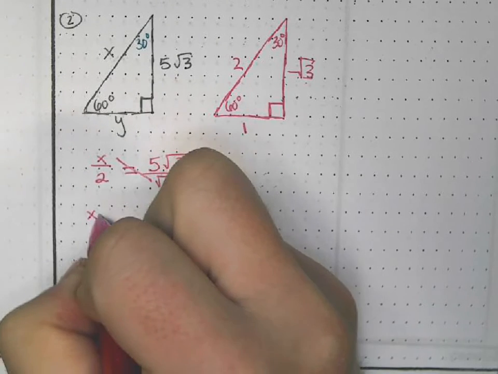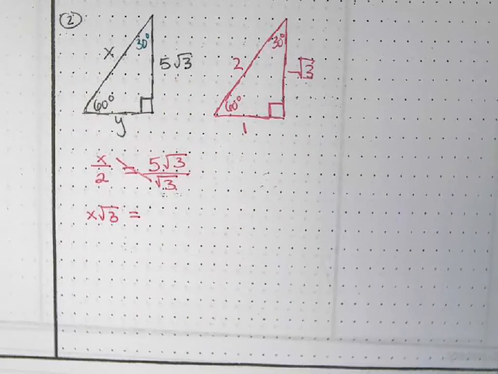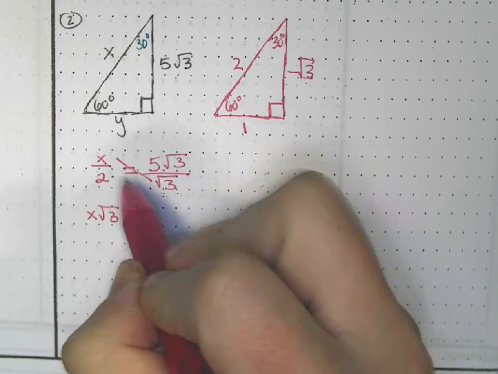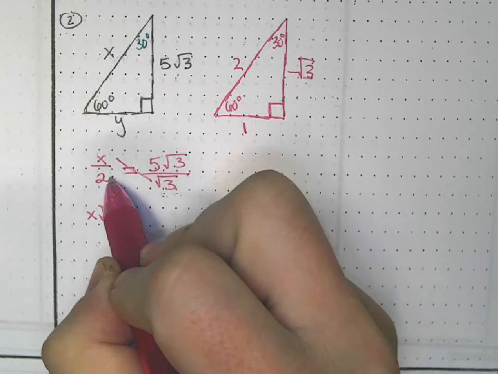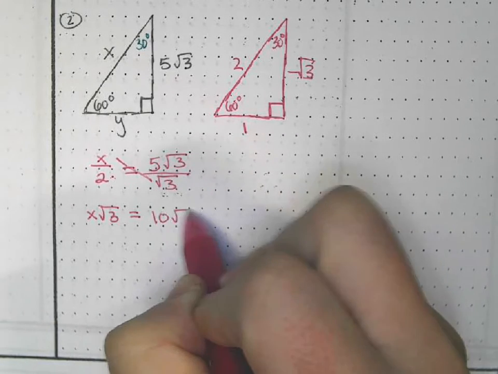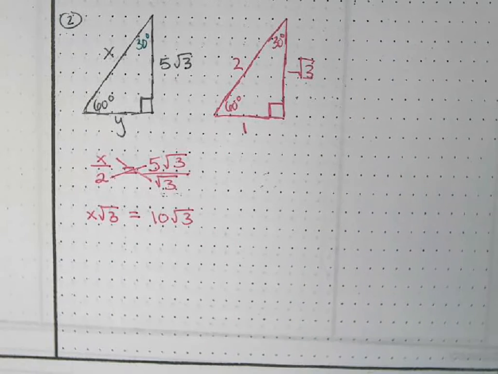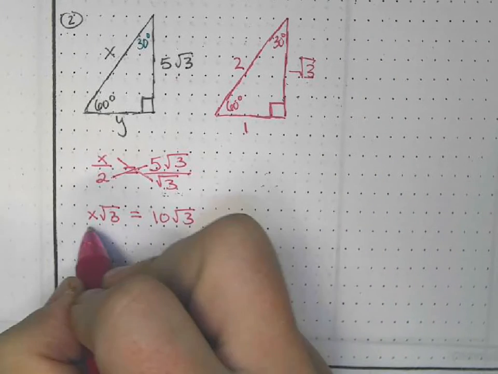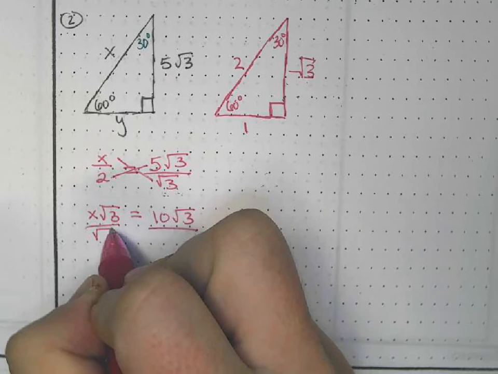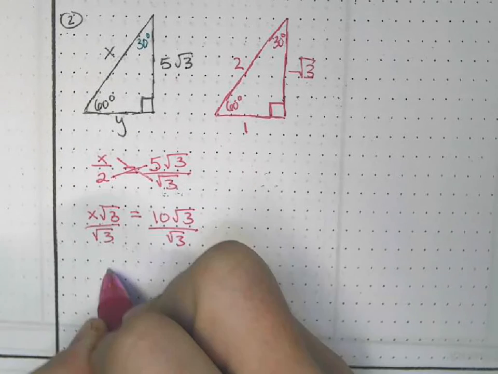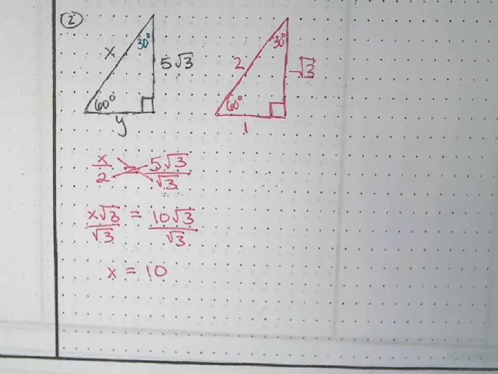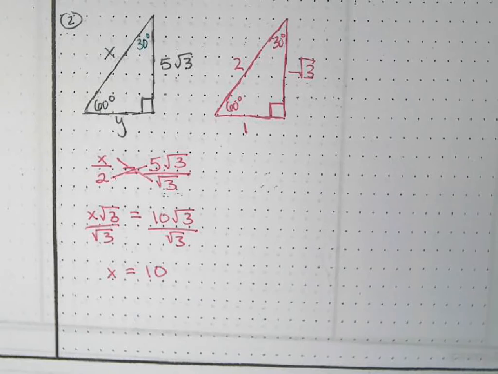So I go x times root 3, so it's x root 3 equals 2 times 5 root 3, which would be 10 root 3. 2 times 5 is 10, and the root 3 comes along. Now we're trying to solve for x, so we'll divide both sides by root 3, and we get x equals 10. Okay, so far so good.